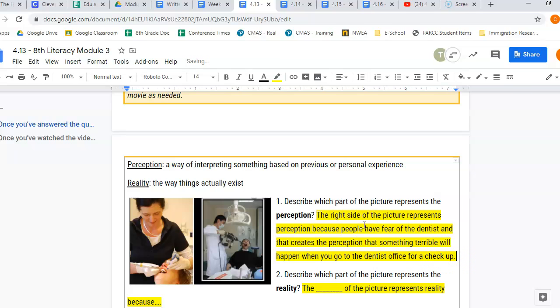So one more time, the right side represents the perception because of the fear that people have of going to the dentist. That is not the reality of what you actually see at the dentist.